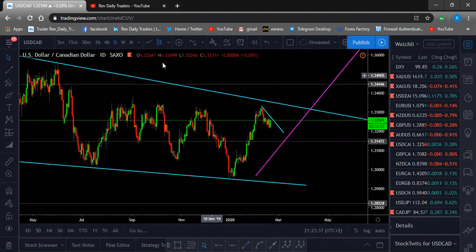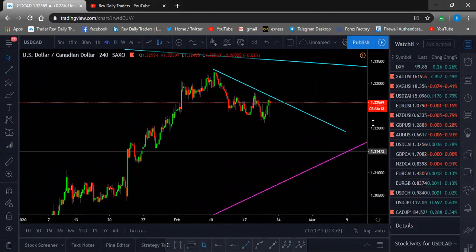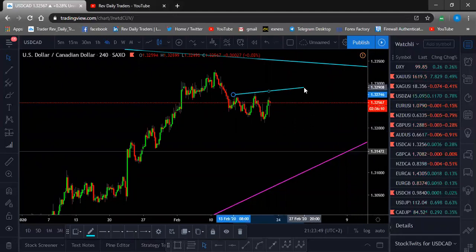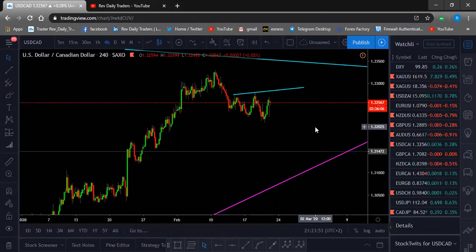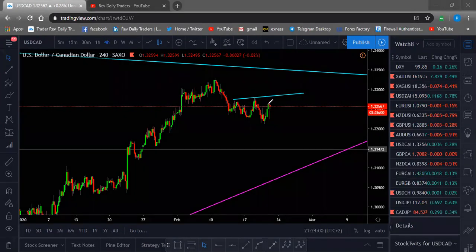So what we're going to do on 4 hour, remember we are teaching you how we tackle the market. What we're going to do on 4 hour, we're going to wait for the market to give us this high.